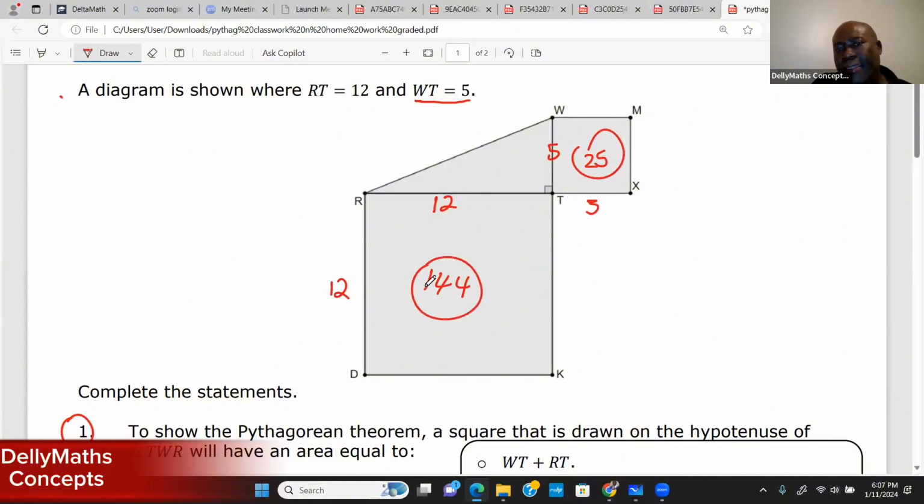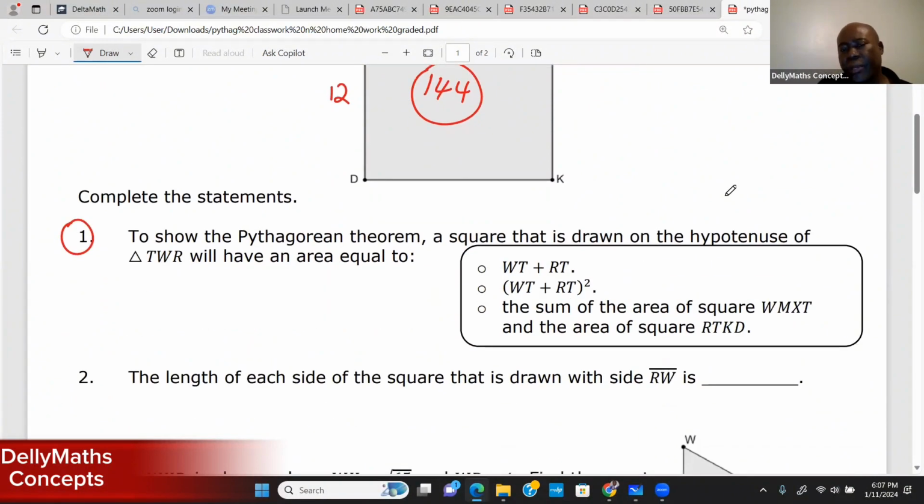So if we add these, it's going to give us this supposed square that would have been from this longer side here. So definitely it is really the sum of the squares from those other sides. So this would have been the box that I want to check, okay?